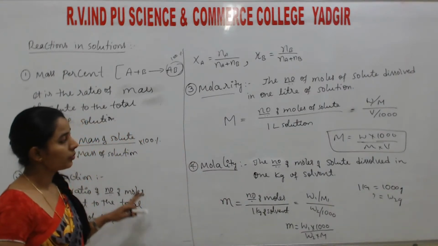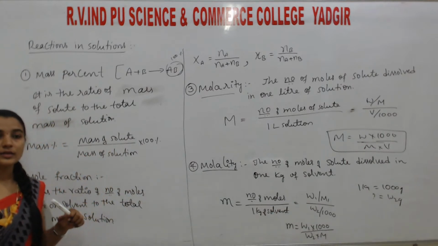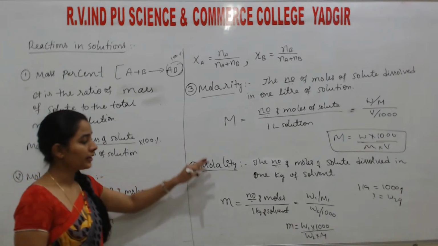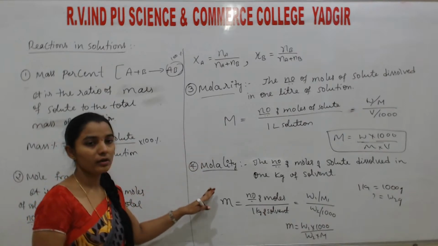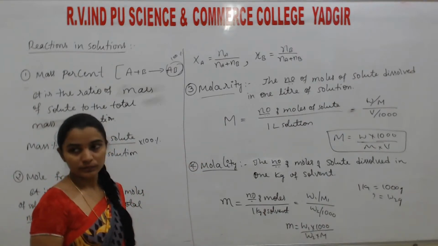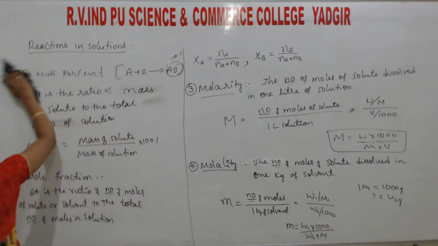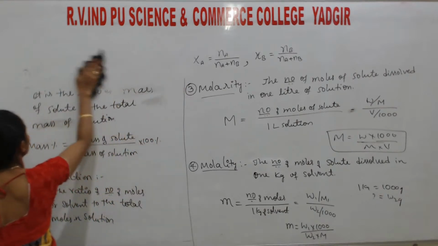So this is about the 4 formulas which tell about the concentration of solutions: mass percent, mole fraction, molarity, molality. The most important are molarity and molality. Understand? Okay. So we'll next move to the problems. If you solve the problems, you will come to know.